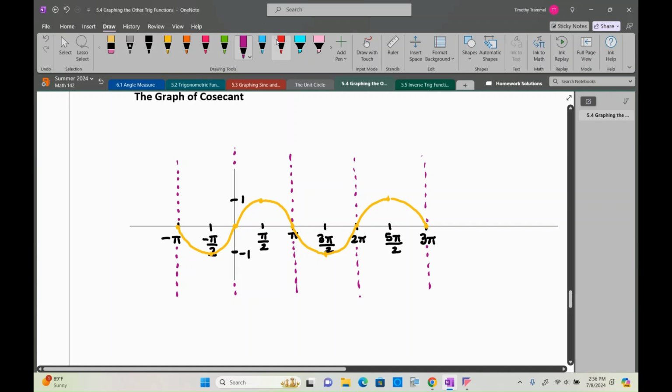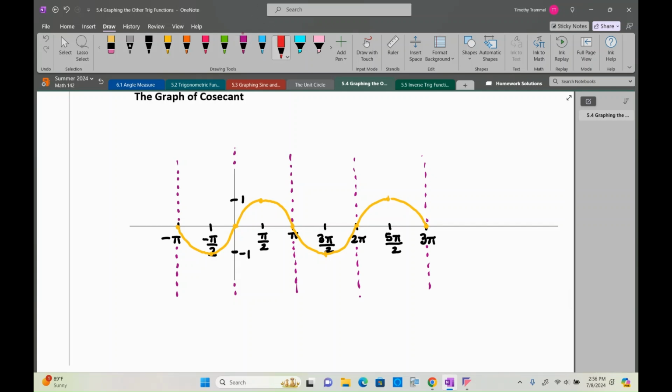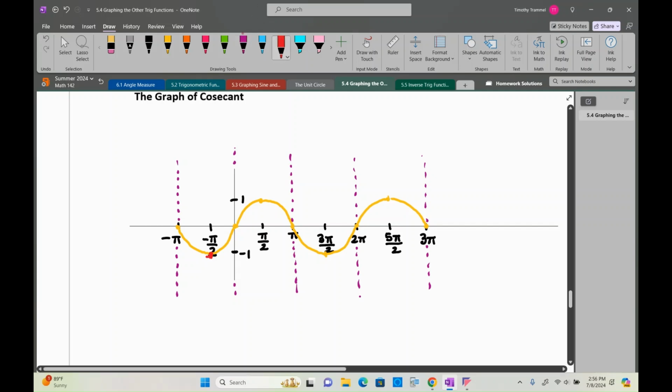So if we start sketching in here those U shapes, we will officially have our graph of cosecant. Although mine's looking a little sloppy here.